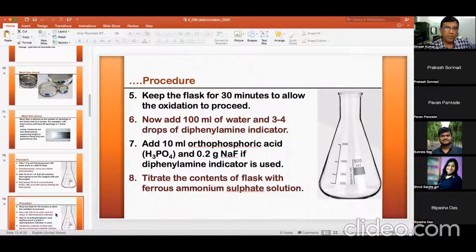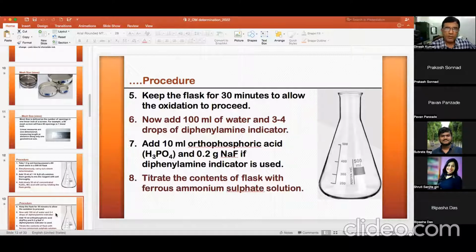So now we will go for titration. Titration will be done with the help of ferrous sulfate, and I have shown you ferrous sulfate in the reagents.